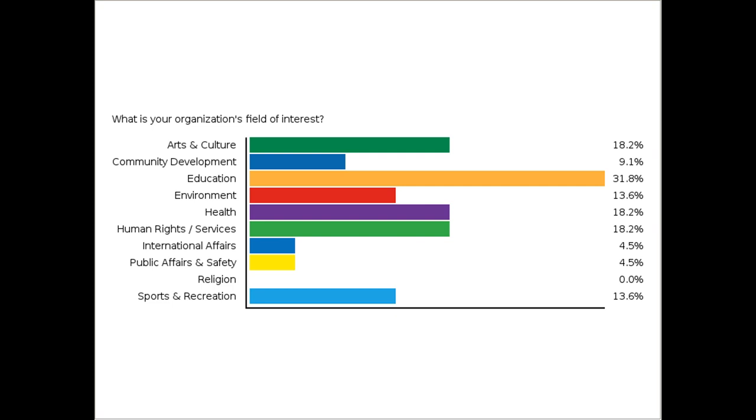Okay, so we have a decent amount of education organizations in the room, but a healthy spread from health and human services, arts and culture as well, sports and recreation, as well as public affairs, safety, and community development. And as I had said, a lot of your organizations will be able to apply to several of these, but it'll be important to be able to identify which ones are important to your organization when you're trying to find a good match.